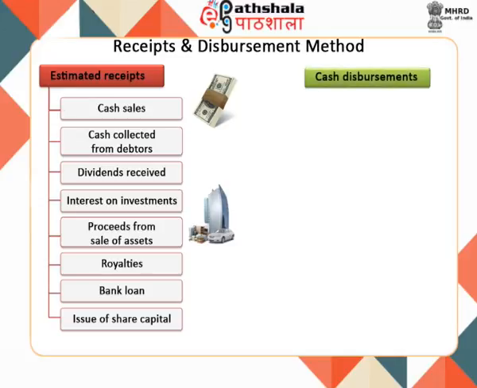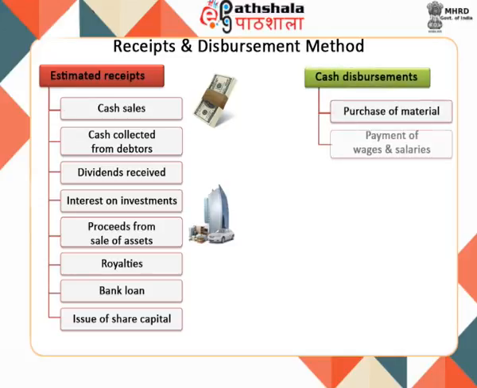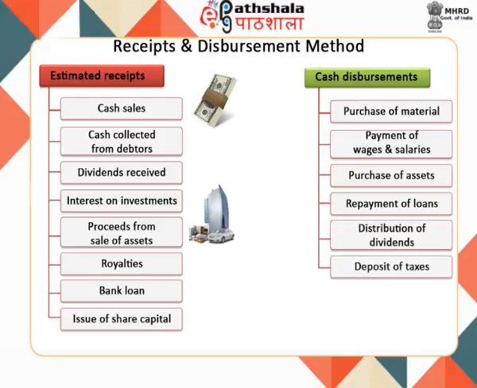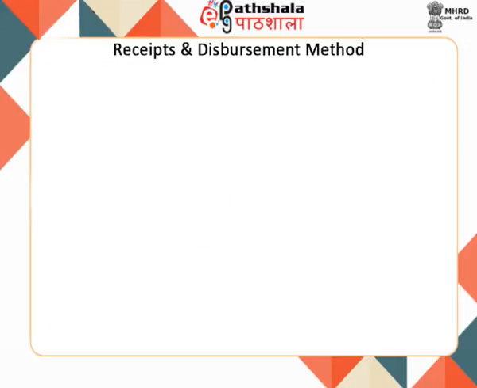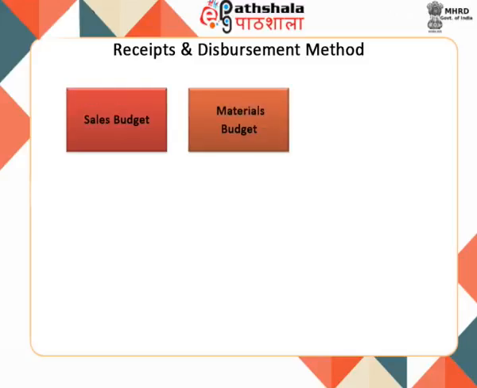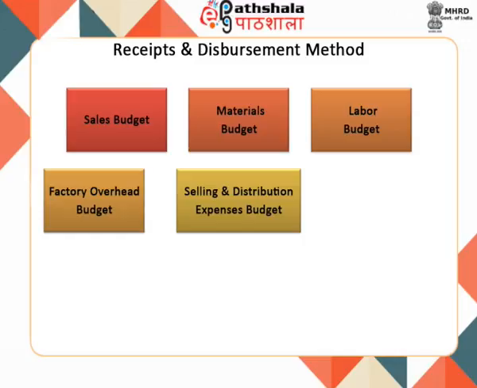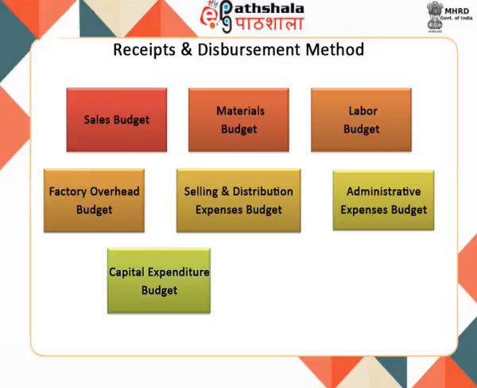Cash disbursements result from purchase of material, payment of wages and salaries, purchase of assets, repayment of loans, distribution of dividends, deposit of taxes, meeting of various expenses, etc. Therefore, the preparation of the cash budget as per this method requires the use of sales budget, materials budget, labor budget, factory overhead budget, selling and distribution expenses budget, administrative expenses budget, capital expenditure budget, and research and development budget.